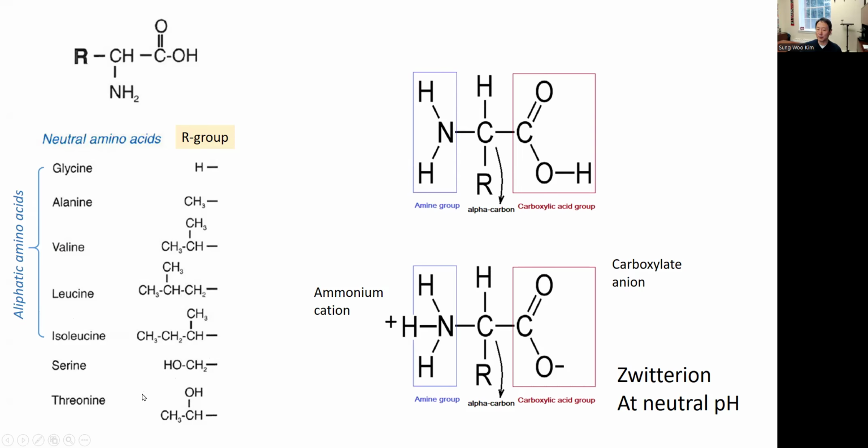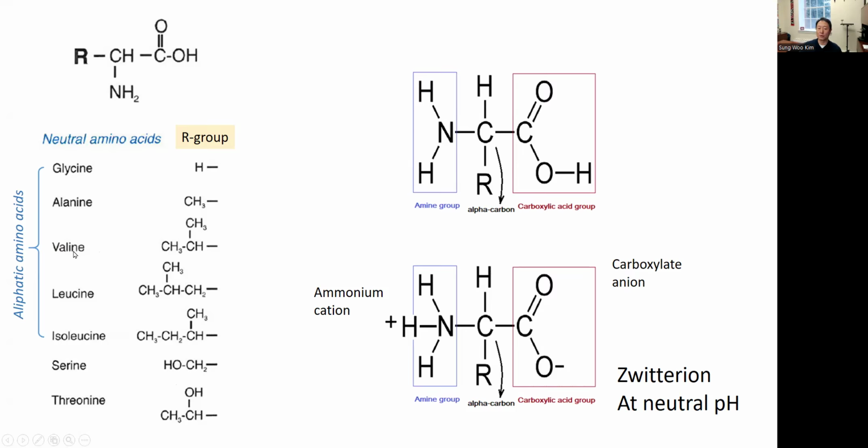Now there are a few additional amino acids that I can introduce. When the R group has a carbon and a hydroxyl group attached to that carbon, it is called serine. But when there's an additional carbon attached to the carbon on the R group of serine, it is called threonine. So serine and threonine look very similar, differing by the additional carbon.